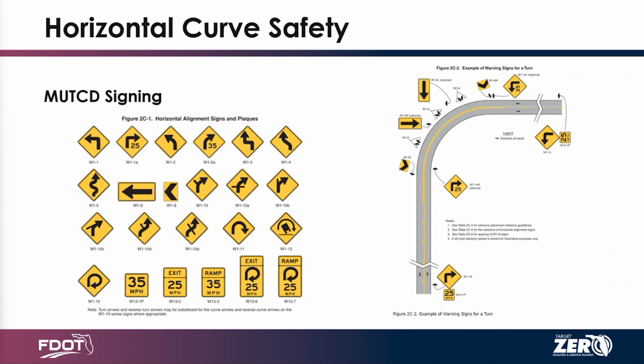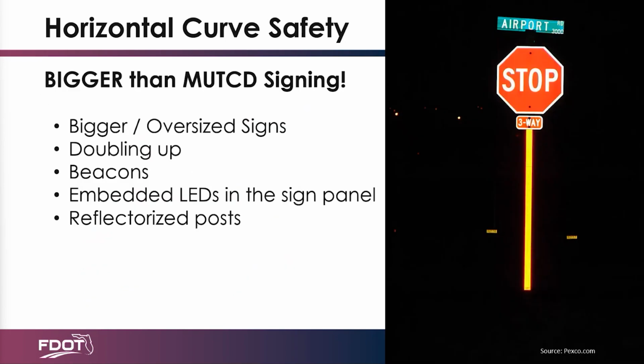And then we're looking at horizontal curve safety. Definitely safety is increased with those warning signs and horizontal curve guidance signs. These are all from the MUTCD signing, which gives you guidance on what signs to implement where and how to implement them. We're also looking at larger-than-MUTCD signing, bigger oversize signs.